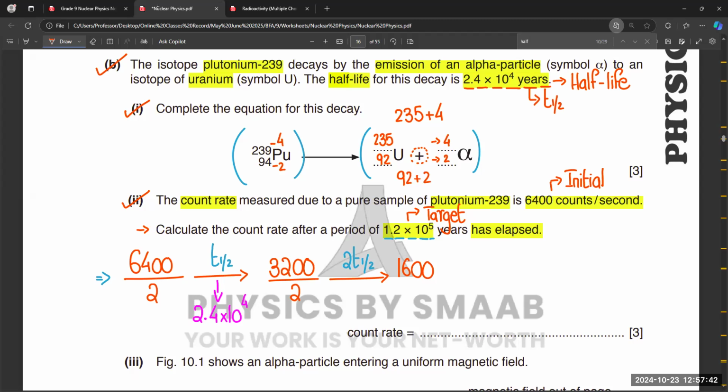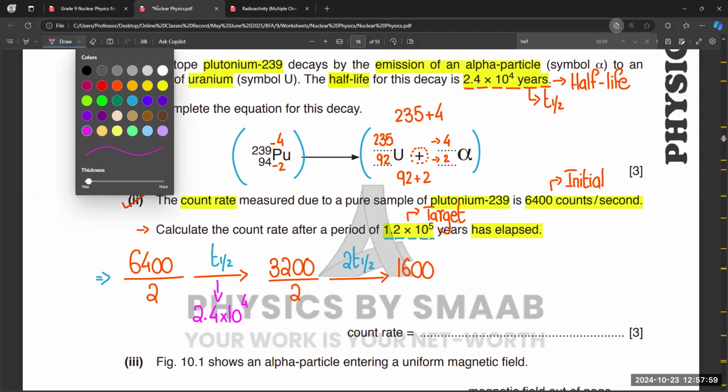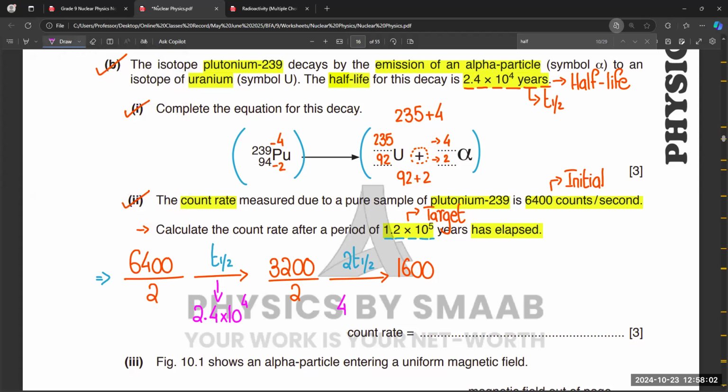Now we need to add the same time, 2.4 exponent 4 plus 2.4 exponent 4, so it is equal to 4.8 exponent 4. Now this value is not your targeted value.